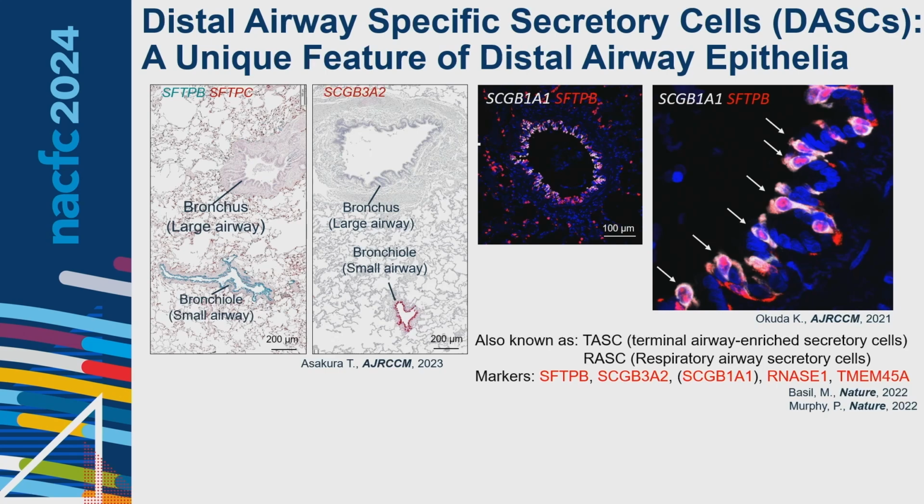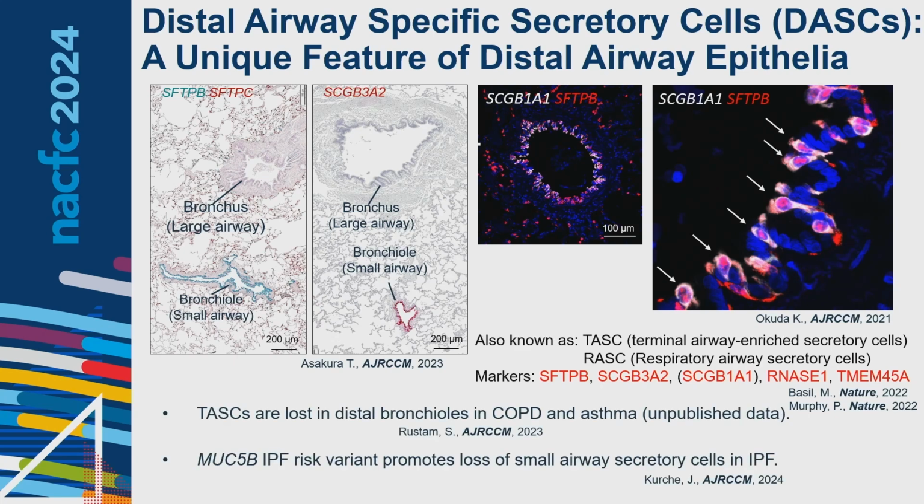This is an interesting population because research has shown that they are lost in distal bronchioles in COPD and IPF. And recent data from our group shows that they are also lost in asthma. But how they are affected in cystic fibrosis remains somewhat unknown. But we believe that loss of DAS contributes to the pathogenesis of muco-obstructive lung diseases.